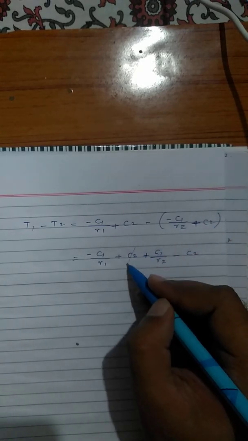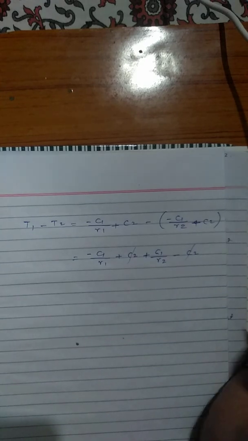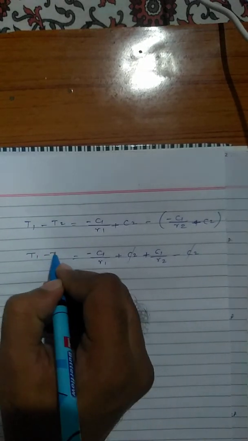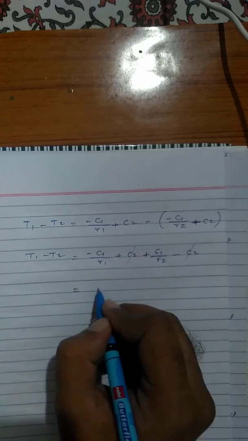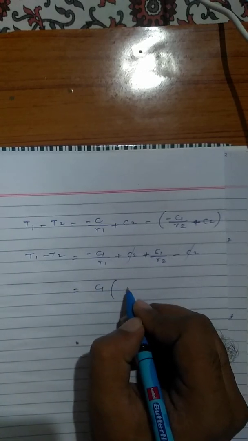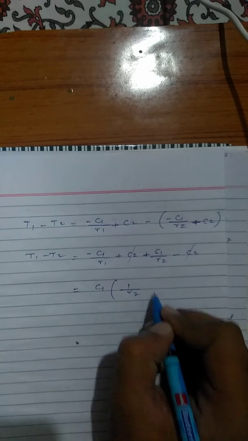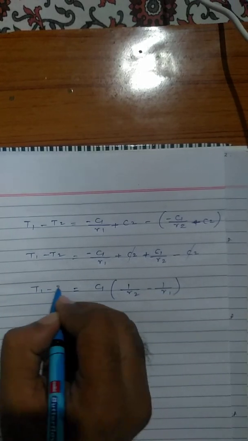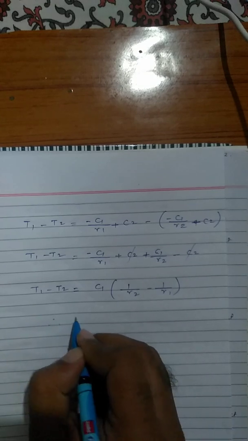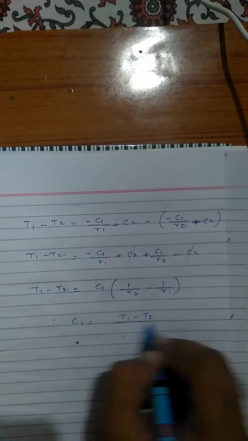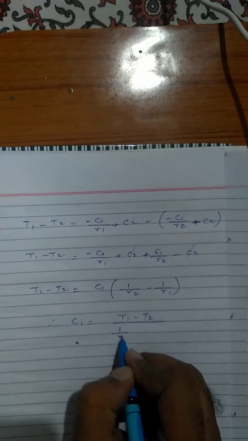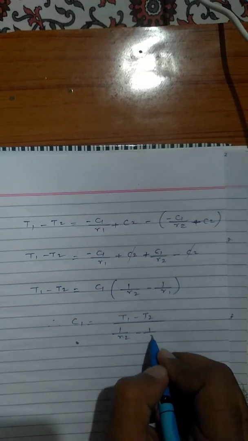So this plus C2 and minus C2 will get cancelled, remaining T1 minus T2. Okay, so from this side we are going to take C1 common, so it will become 1 upon r2 minus 1 upon r1, equal to T1 minus T2. Therefore C1 will be equal to T1 minus T2 divided by 1 upon r2 minus 1 upon r1.